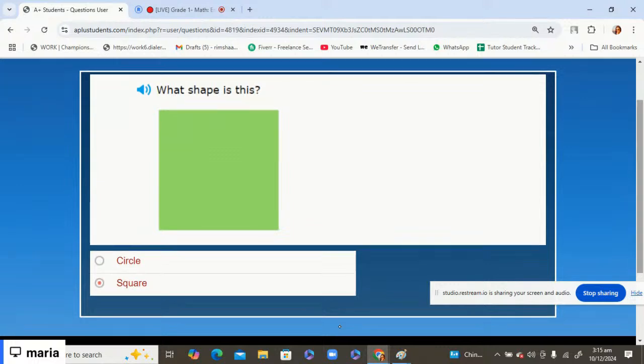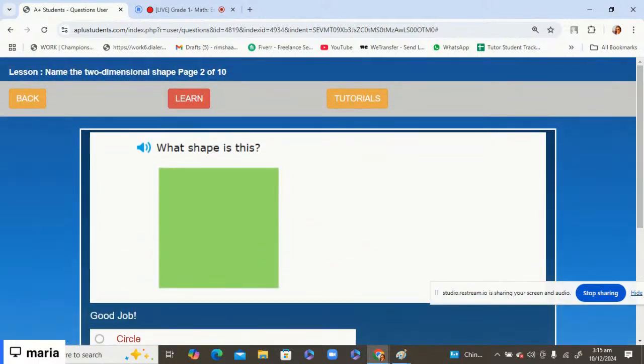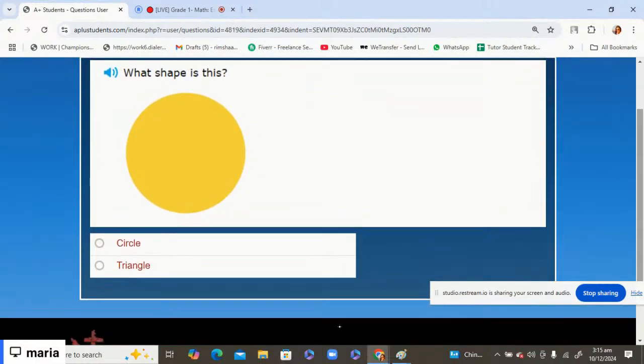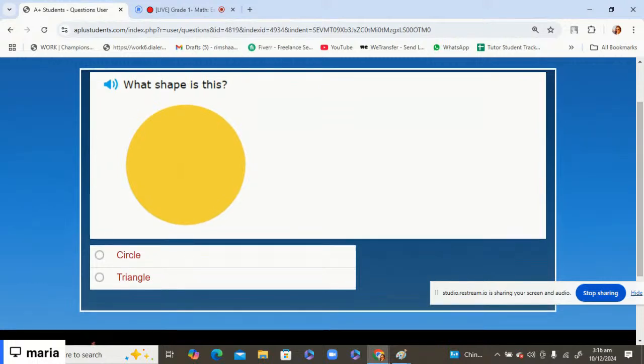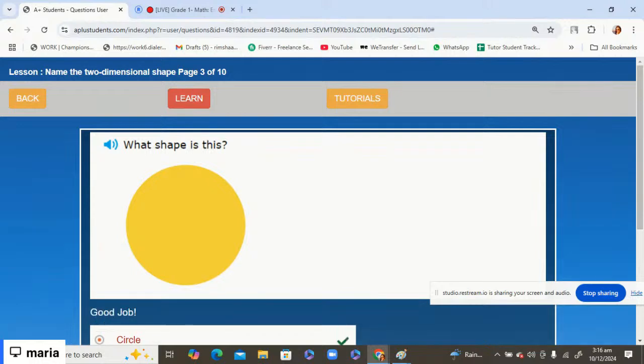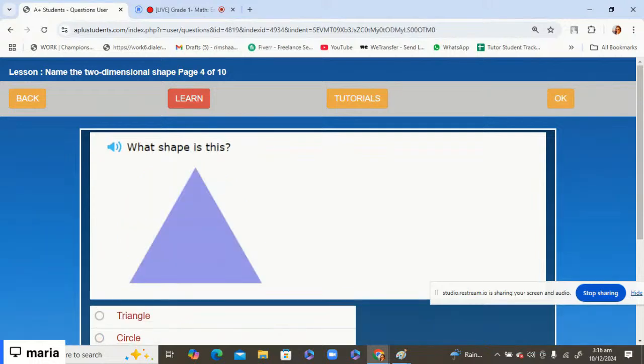So we move with this option B. Then what shape is this? Is this circle or it's triangle? Hurry up, everyone, tell me in the chat. That is a circle. Okay. So the three shapes today we discuss only. The first one is the triangle, then square, and then circle.